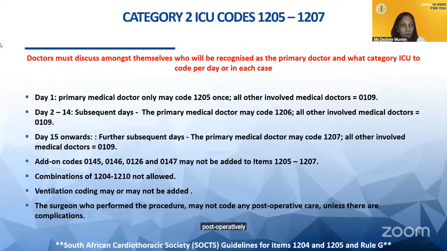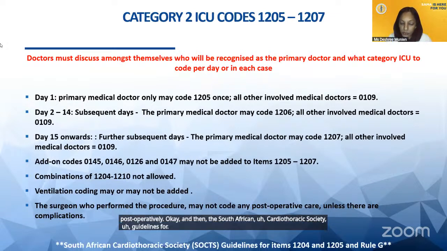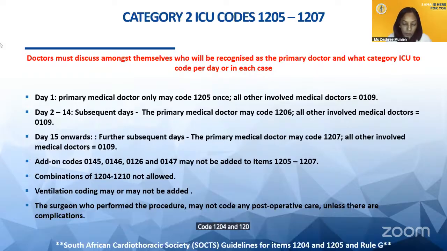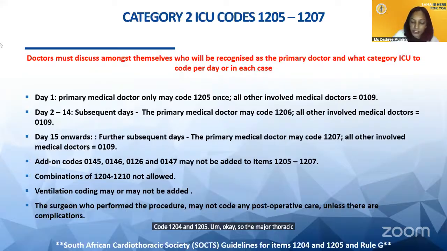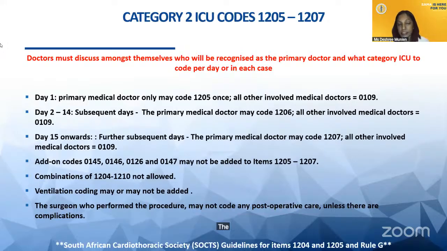Okay, and then the South African Cardiothoracic Society guidelines for code 1204 and 1205. Okay, so the major thoracic operations, according to the South African Cardiothoracic Society, require post-operative ICU care, which should best be provided by the cardiothoracic surgeon, as he or she is most trained and experienced in this field.